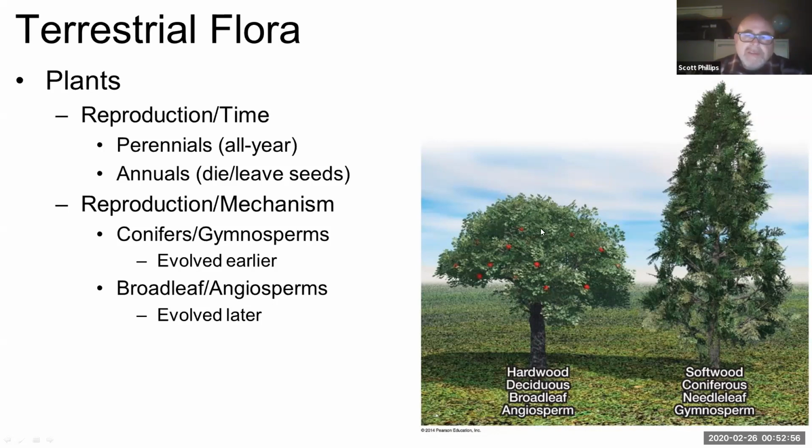So these fall under two different categories of plant life. When we talk about vegetation in California, we may talk about coniferous forest that would be dominated by these conifers, or we might talk about broadleaf trees, or hardwood trees, or deciduous trees, which are more like these.